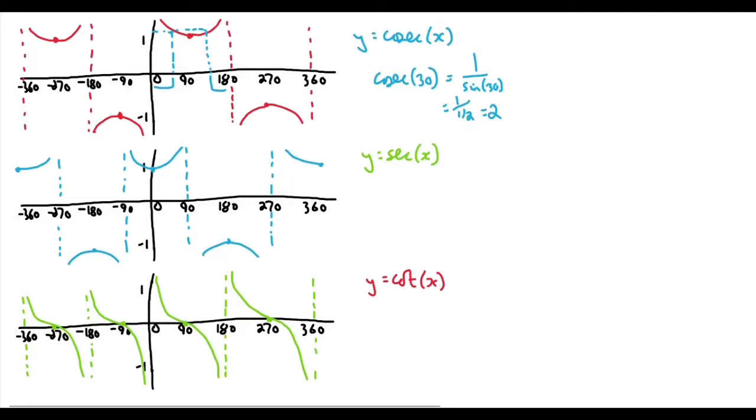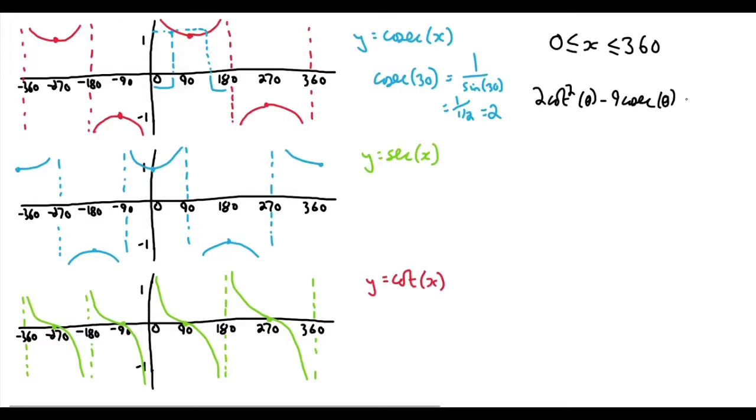So let's say that we are looking between 0, actually, let's just go back to 360 because that's a reliable range to work between. If we were now to say within this range, given that 2 cot squared theta minus 9 cosec theta equals 3, again, we're going to solve that for that range.